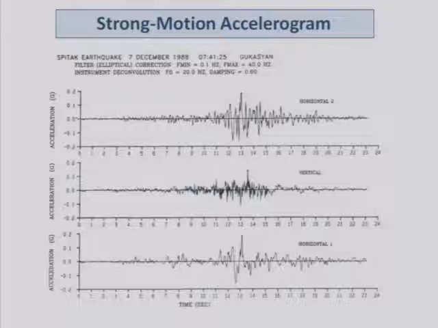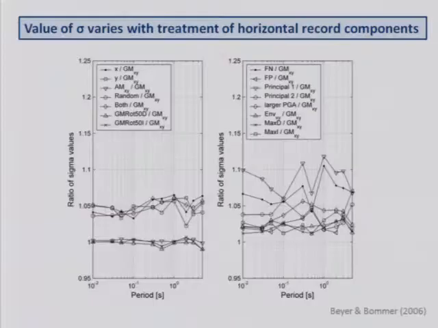The values of sigma we get will partly depend, to a small extent, on how we treat the records in the first place. Real accelerograms are usually triaxial with 2 horizontal and 1 vertical component, and there are several different ways of treating the 2 horizontal components, although the standard practice is becoming, or at least in the US has become, the geometric mean of the 2 horizontals. But other definitions are used, and other definitions lead to different sigma values.